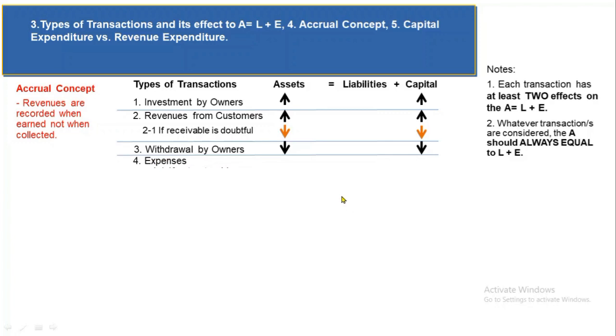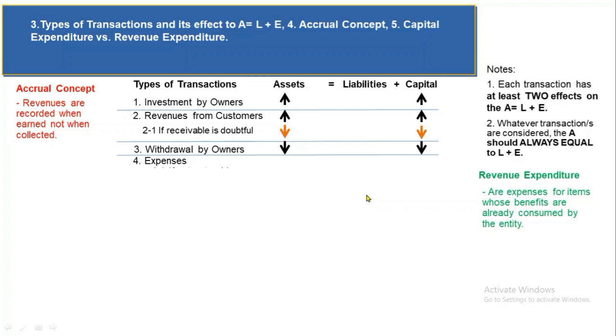We also have expenses. But before we go to the effect on the assets, liabilities, capital, or equity, let me clarify something. The expenses that we are talking about are considered as revenue expenditures. What are these? These are expenses for items whose benefits are already consumed by the entity. For example is, when you pay for water bill issued by water districts or suppliers for the water you have already consumed this month.